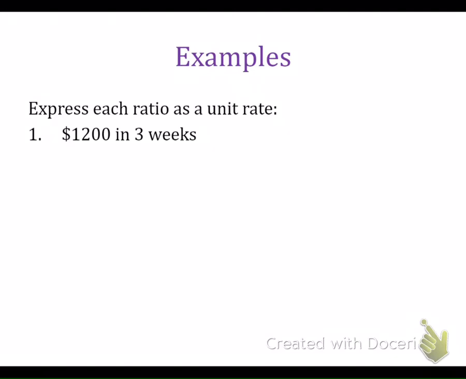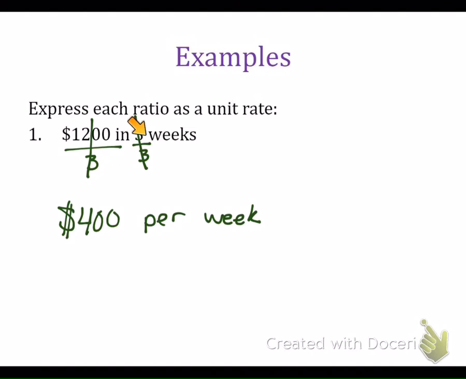So first of all, we need to reduce. So we're going to find the greatest common factor, which would be 3. So divide both by 3. So that reduces to 1 week. This reduces to $400. So $400 per week. You don't write 1 week, you just say per week.